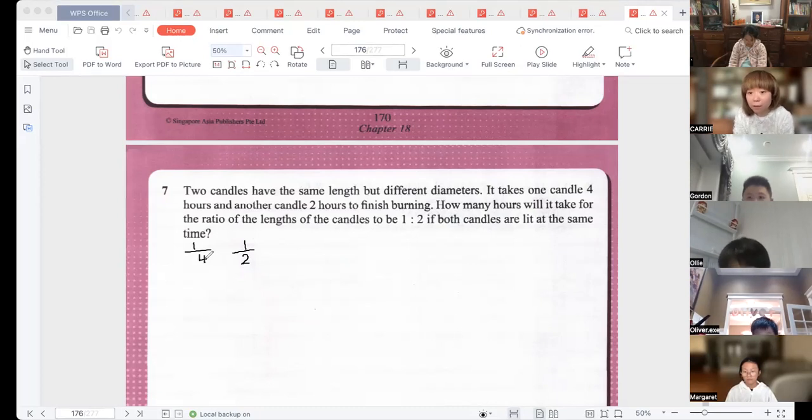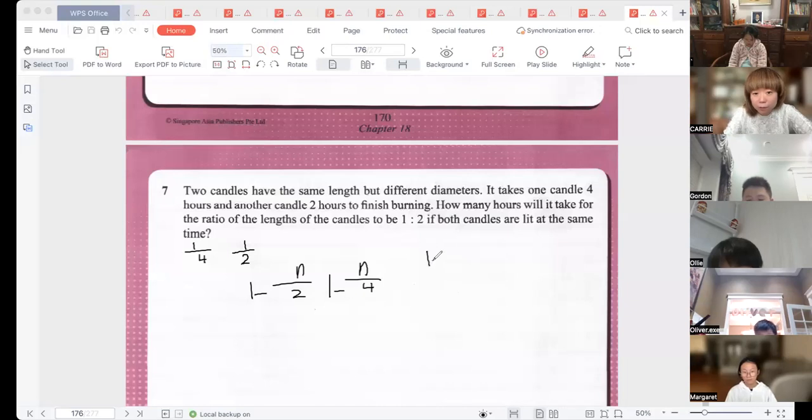So after n hours, it's n/2 and n/4. And whatever is left is 1 minus n/2 and 1 minus n/4. Correct? So the equation is (1 minus n/2) over (1 minus n/4) equals 1 to 2.